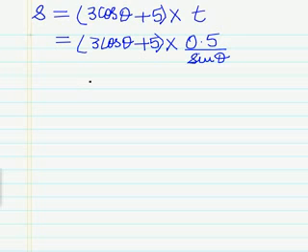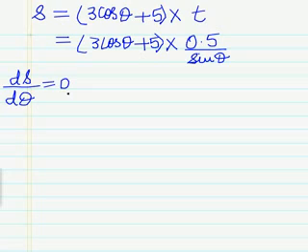Now we need to find the minimum distance that the swimmer will have to cover after crossing the river. So we can minimize this: dS over d theta equal to 0, because theta we don't know at what angle it goes. Theta is the variable here, we need to find that. At what angle theta will the S be minimum?